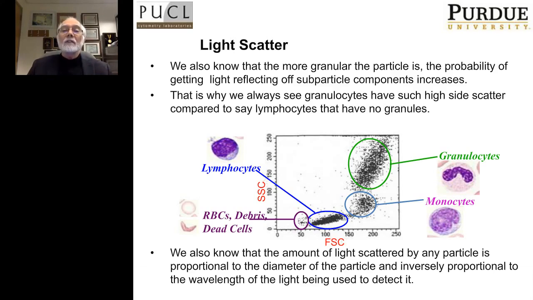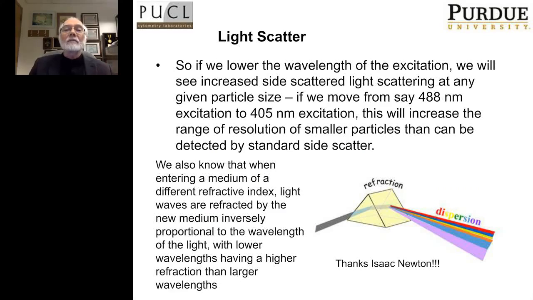We know that the amount of light scattered by any particle is proportional to the diameter of the particle, and it's inversely proportional to the wavelength of light used to detect it. So if we lower the wavelength of the excitation, we'll see increased side scatter of any given particle size.